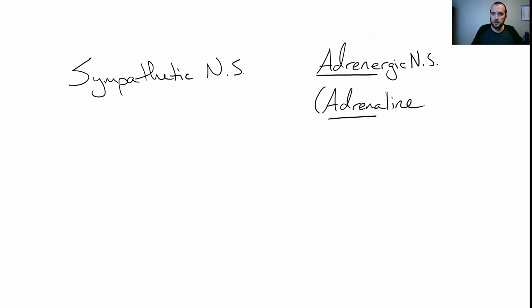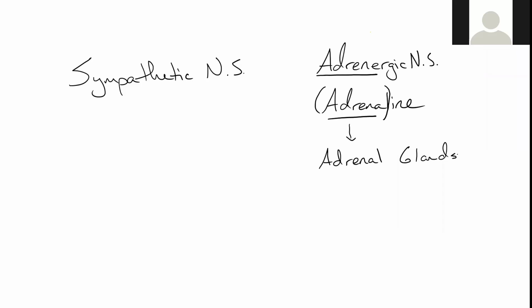And when you look at the word adrenaline, we see adrenal, which is telling us where this chemical is actually coming from inside the body. It's being released by the adrenal glands, right? So adrenergic, adrenaline, adrenal glands, we can just keep going with that terminology.